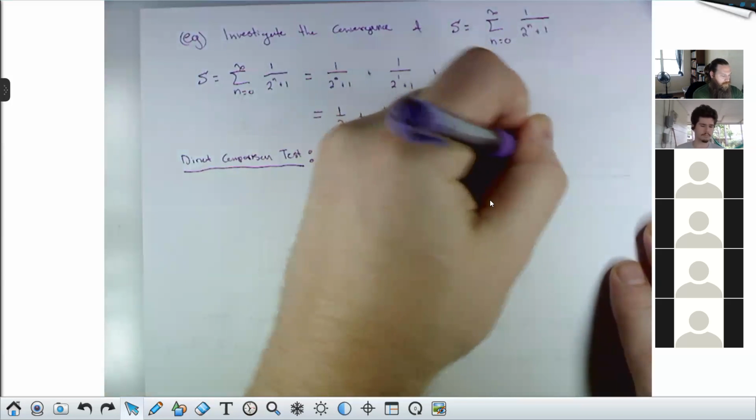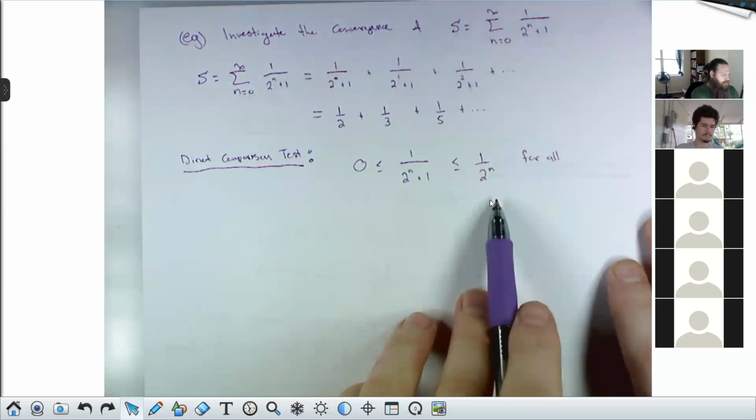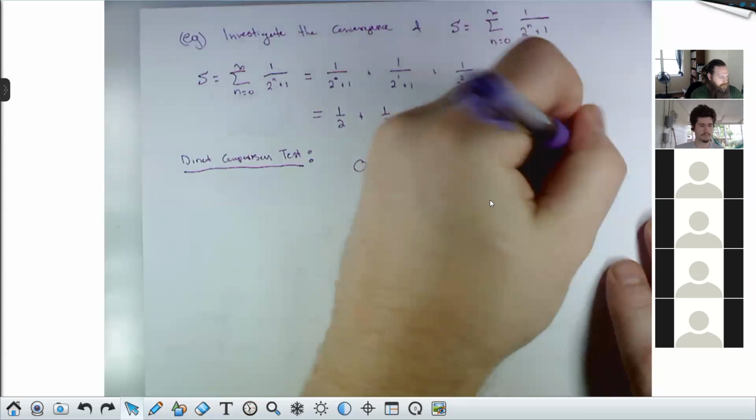This is true for all n, right? This would be true regardless of n, as long as n is positive.